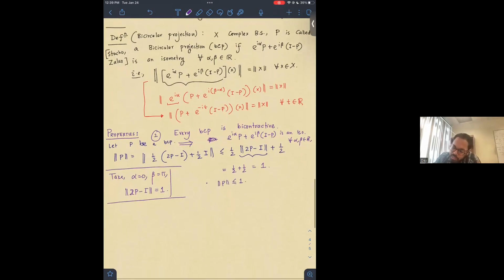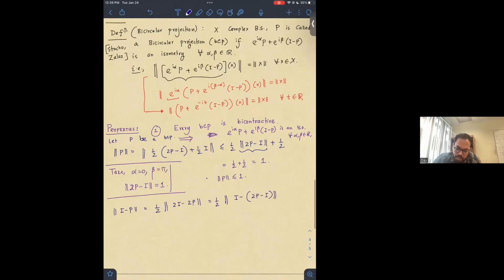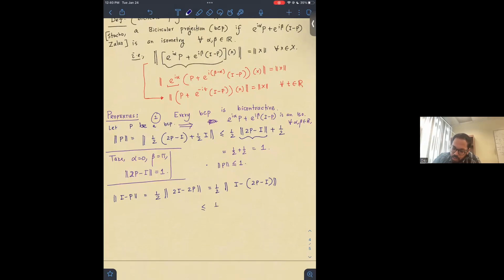All right, but that's not it. We need to prove that the complementary projection, which is I minus P, will also have norm less than or equal to 1. And the proof is more or less similar. You just write it as 2I minus 2P, which I can write as 1/2 of (I minus (2P minus I)). Now I use the triangle inequality, which gives this, plus 1/2 times (2P minus I).